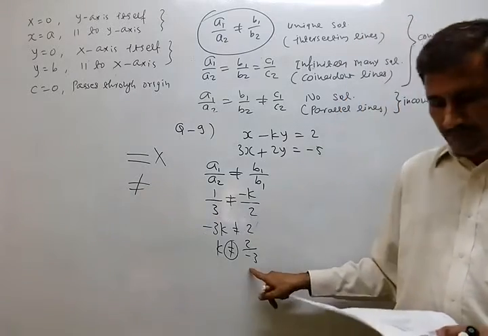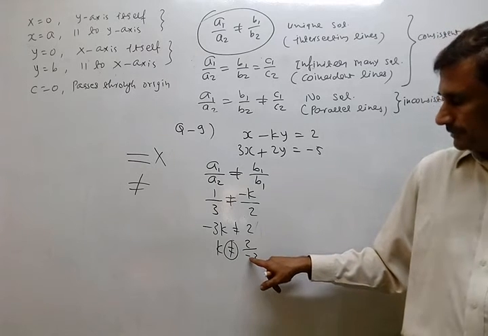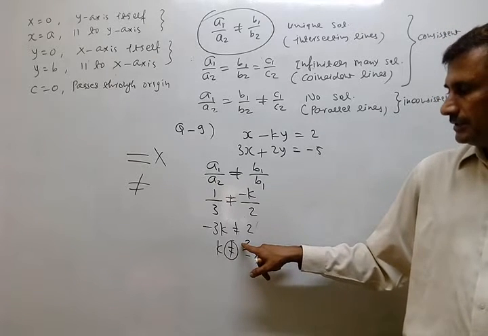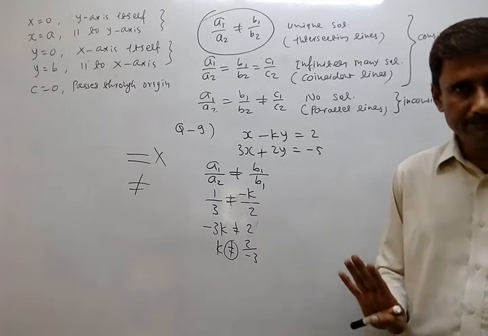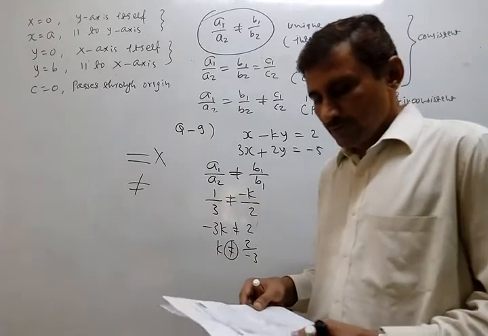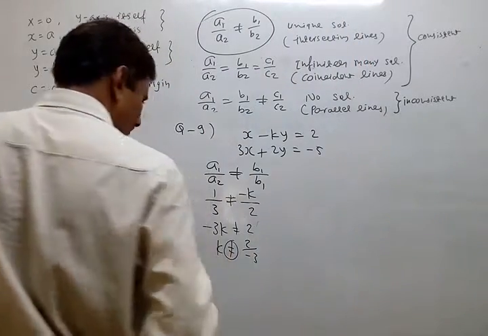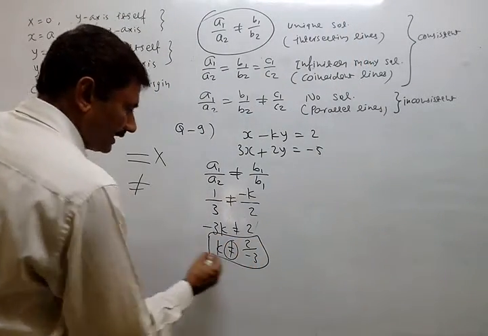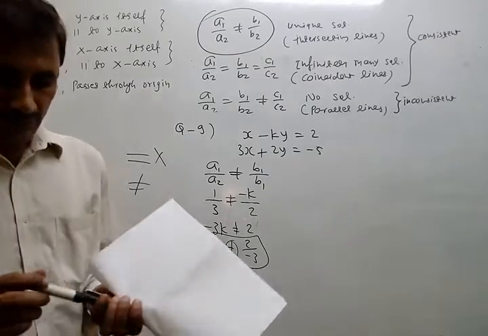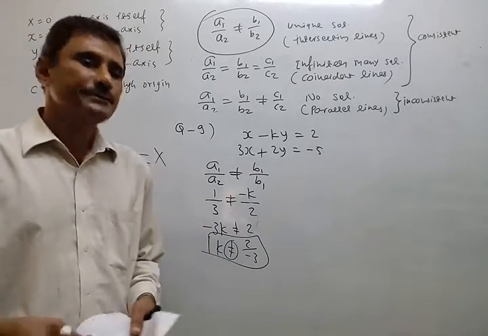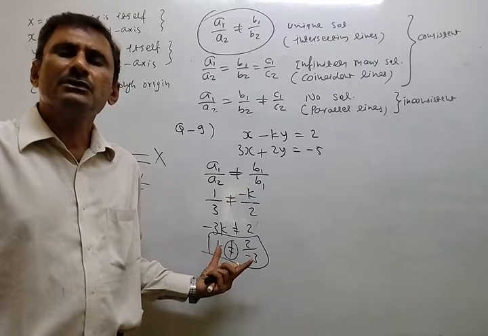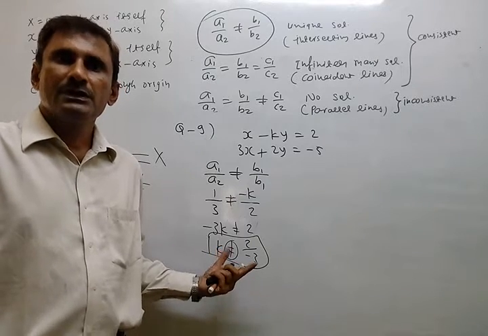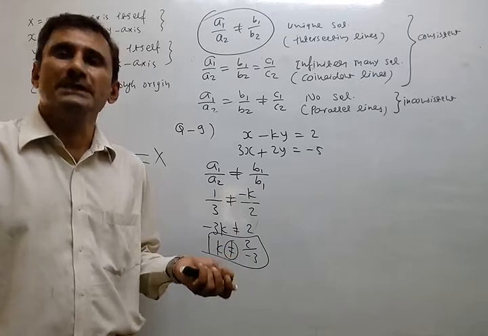So now B is the option. Whether the denominator is negative, the numerator is negative, or in between negative, all are the same. So B will be the answer: k is not equal to minus 2 by 3. In this type of unique solution problem, we cannot say a fixed value; there are thousands of billions of answers.